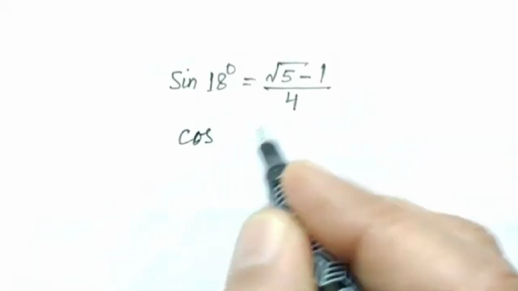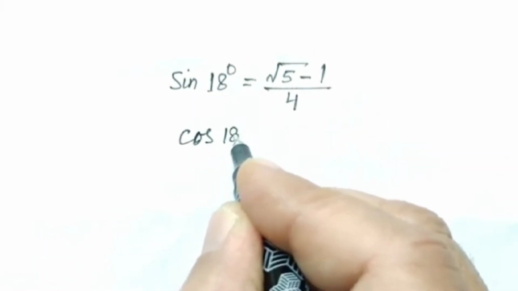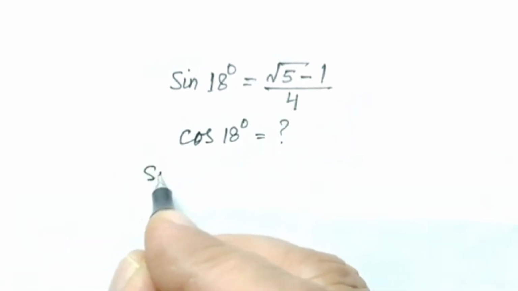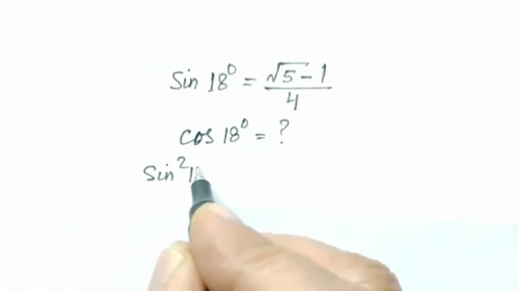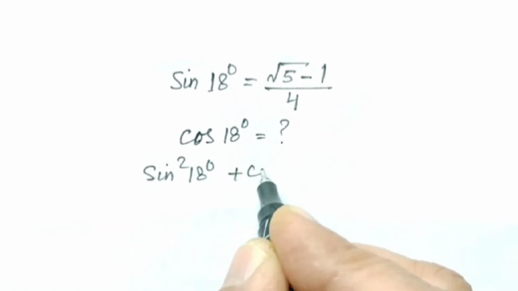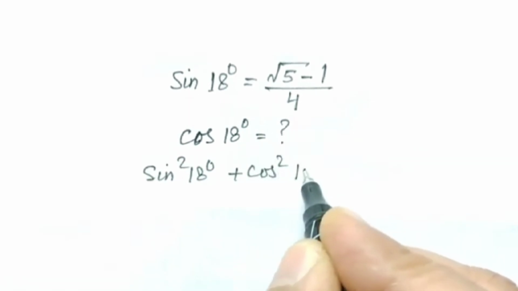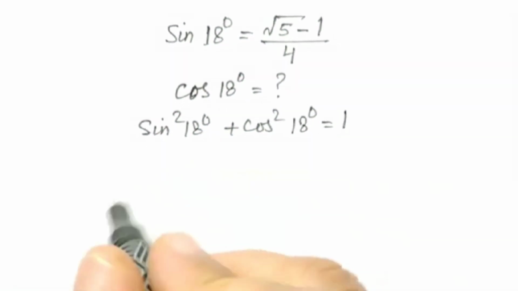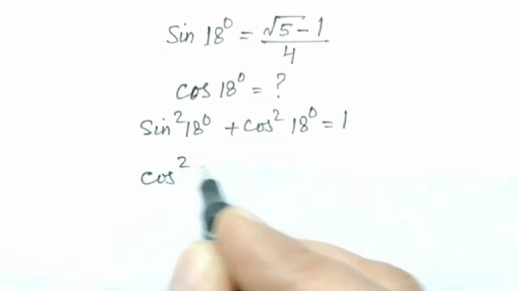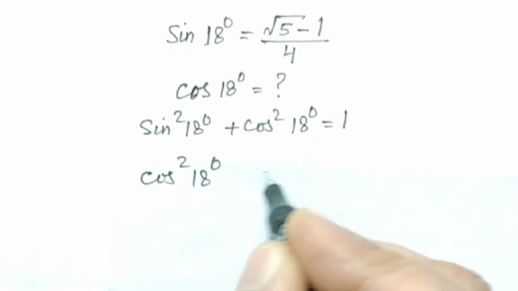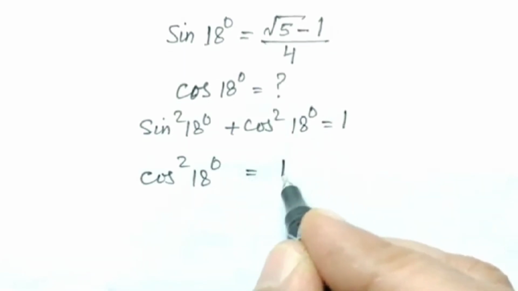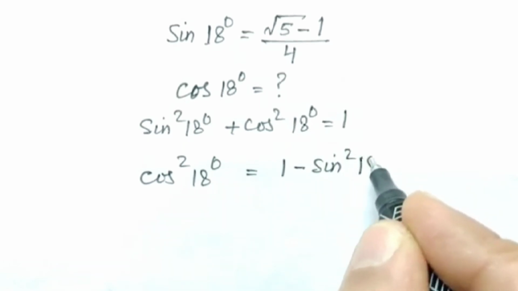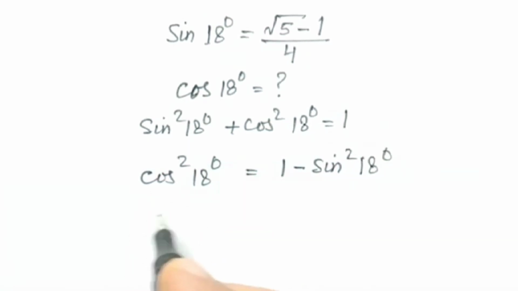Now we have to find out the value of cos 18 degree, right? As we know, sin square 18 degree plus cos square 18 degree is equal to 1, fine. So cos square 18 degree is equal to 1 minus sin square 18 degree, right?